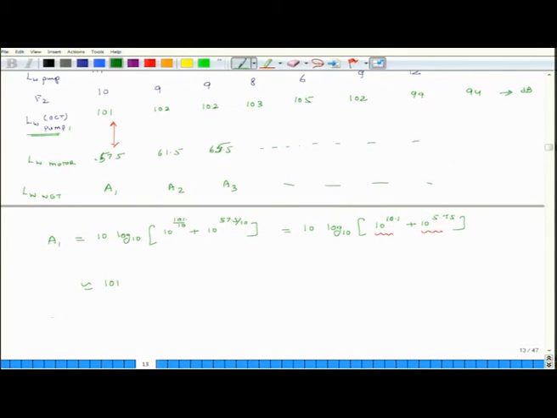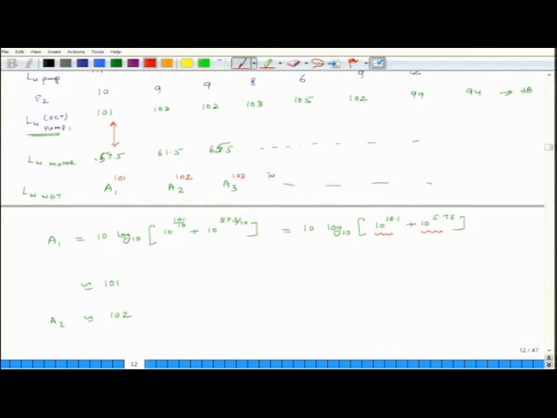Similarly, A2 is also same thing, because these differences are large, more than something like 30 to 45 decibel difference. Okay. So, these are large differences. So, A2 is also similar, approximately equal to 102 decibels. So, these values are same as 101, because of that I am just directly writing that.